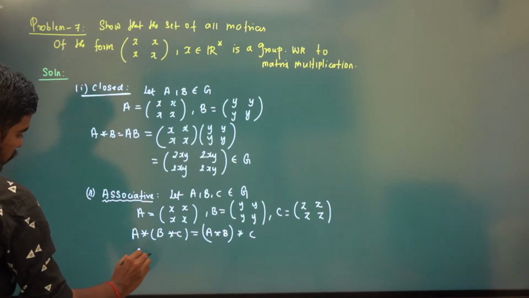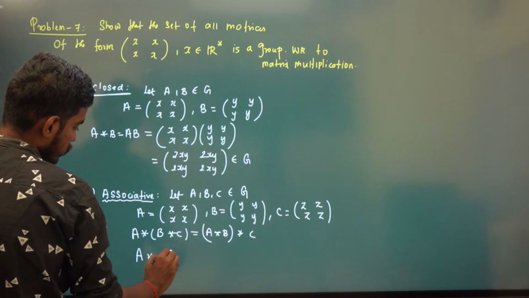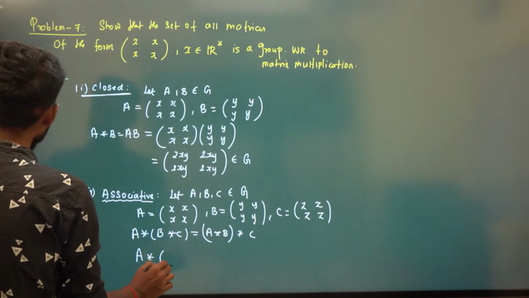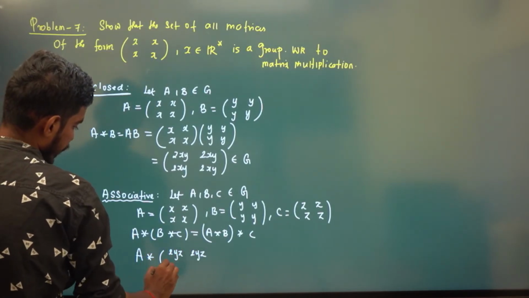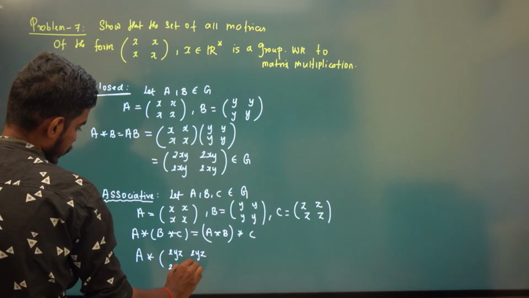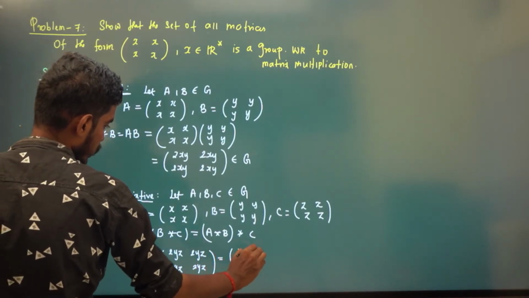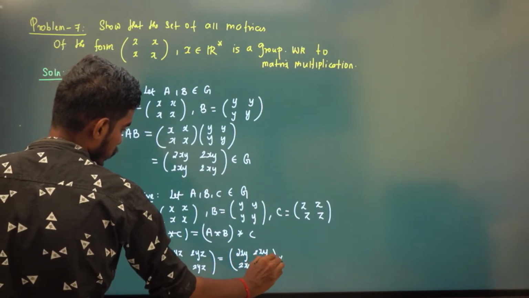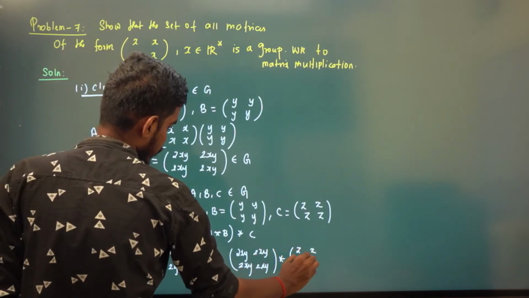B star C will be all entries 2yz. A star B is all entries 2xy, and then star C, where C is all entries z.